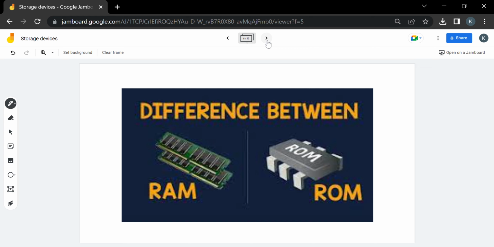and what is ROM in fact. But before starting this comparison, I would like you to understand a few of the terms. When I say random access memory, it means that there is something that our CPU is accessing again and again for processing.